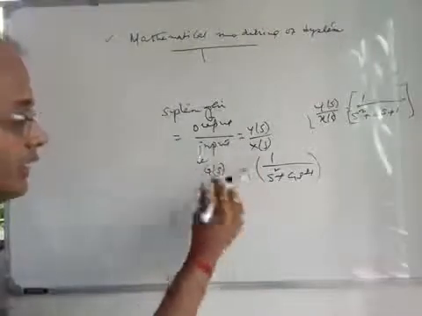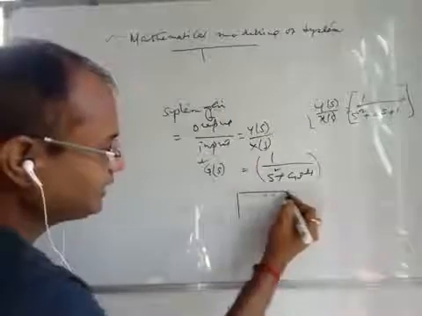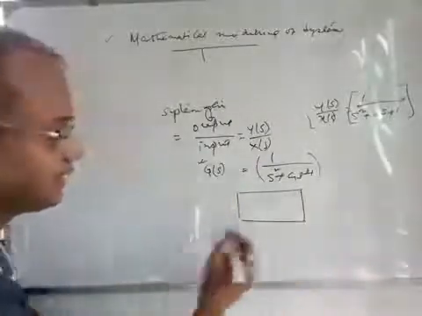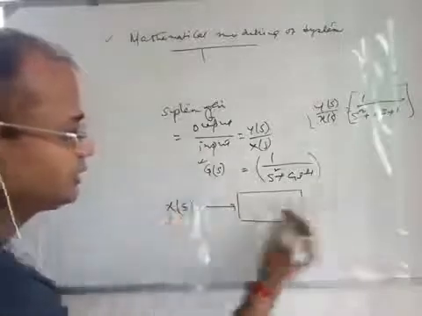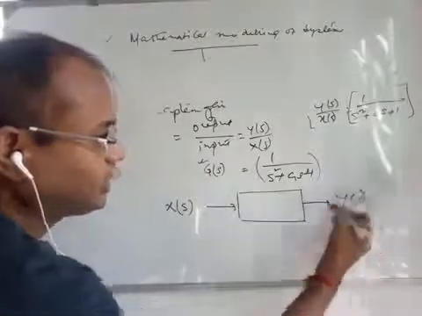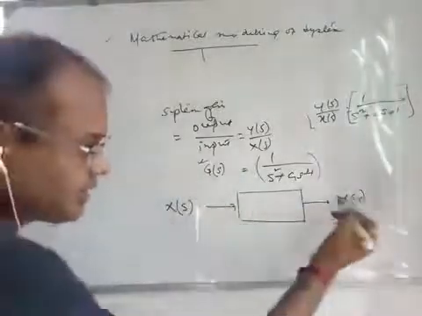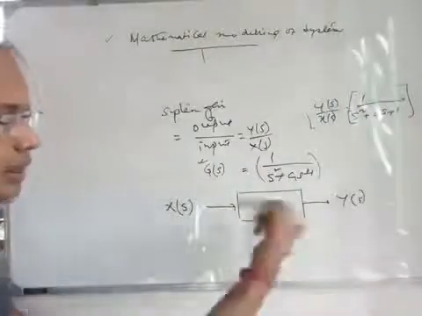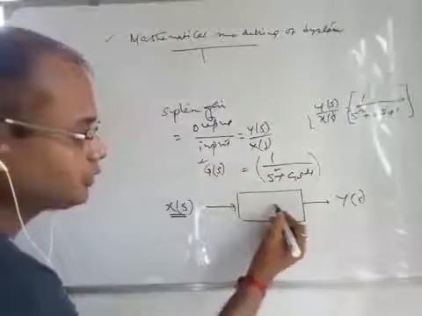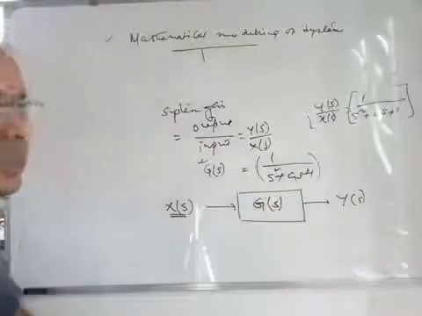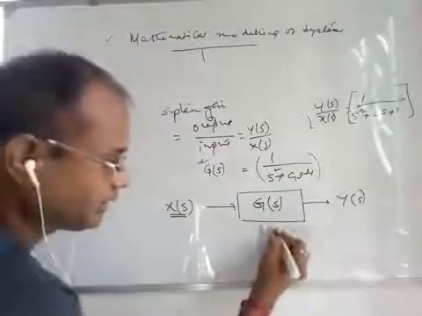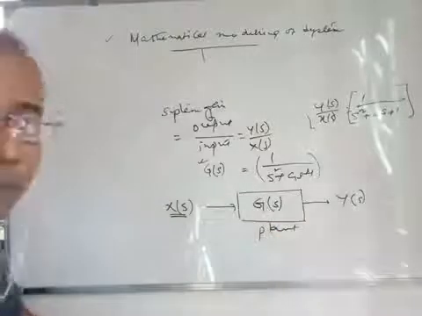This is your gain. So mathematically, if this is X(s) and this is Y(s), this is basically a series path, right? This input passes through this block. This is your system, so you can write it as G(s). This is your plant. We can say it as system or plant.